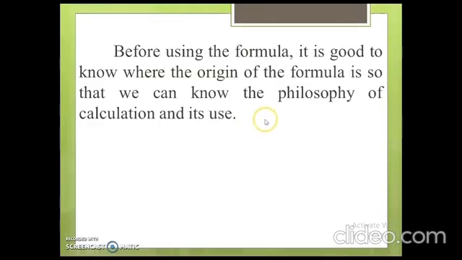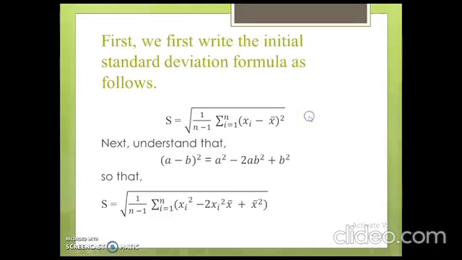Before using the formula, it is good to know where the origin of the formula is so that we can know the philosophy of the calculation. First, we write the standard deviation formula as follows: s is equal to square root of 1 divided by n minus 1 sigma xi minus x bar squared.